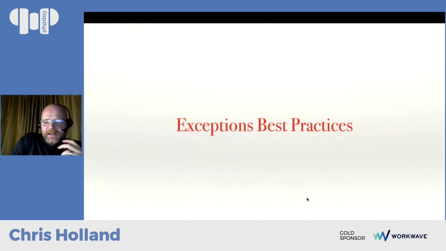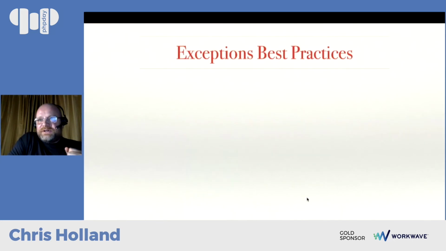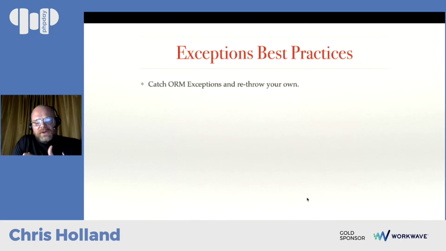So, here are some better practices for exceptions. I like to catch ORM exceptions. If an ORM exception is thrown, it's not going to be helpful to your end user. So you should almost always catch it, and based on whatever it is, try to show something that is helpful to the user. Was it a connection exception, right?